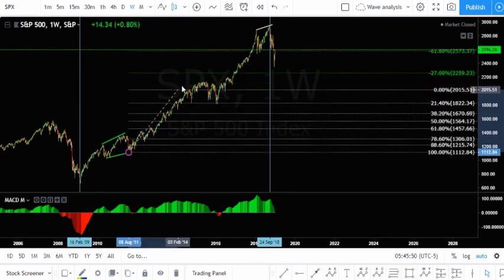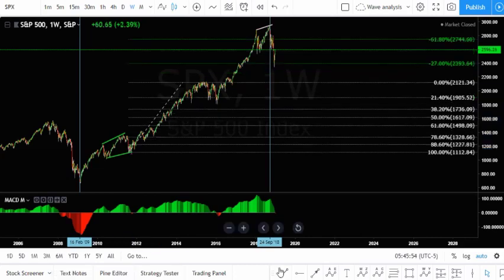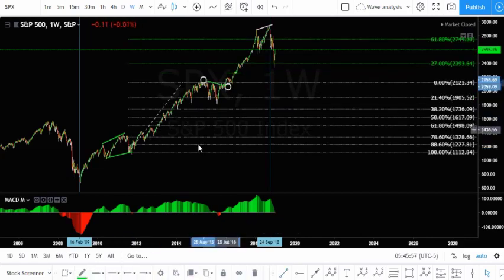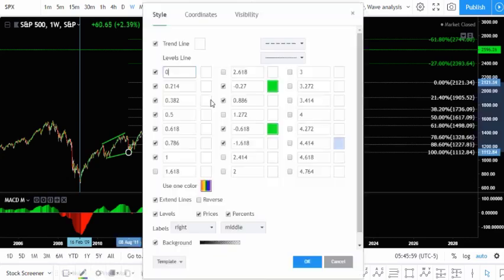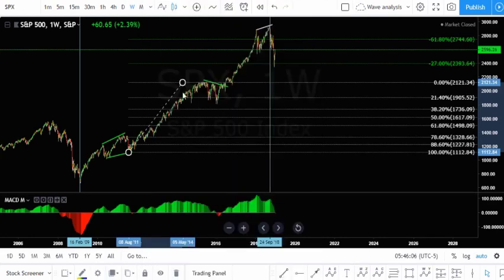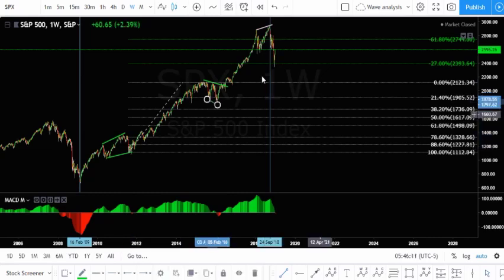And then let's take the next impulse move. There was your regular flat, so let's mark that properly. And you could have traded this once again to your 61% target.